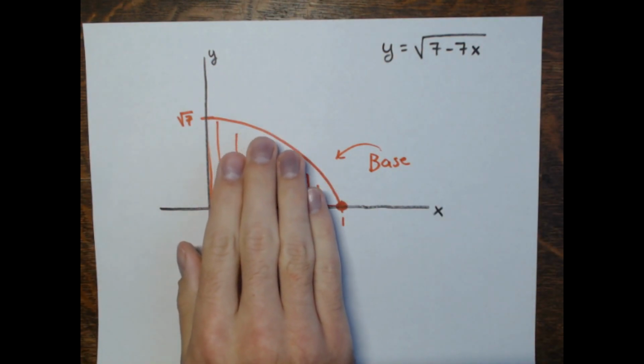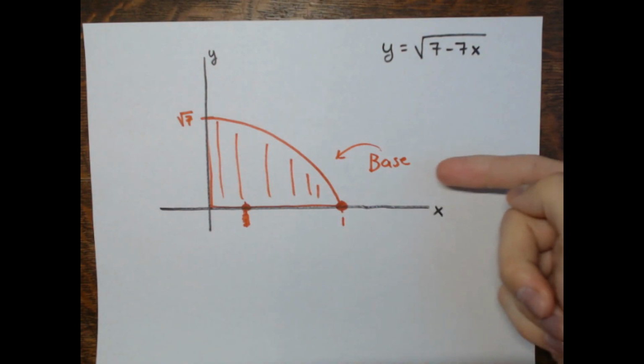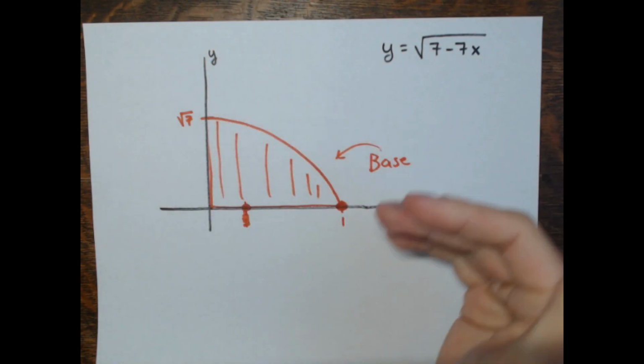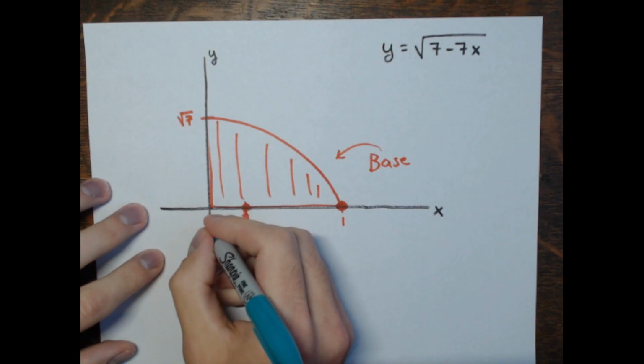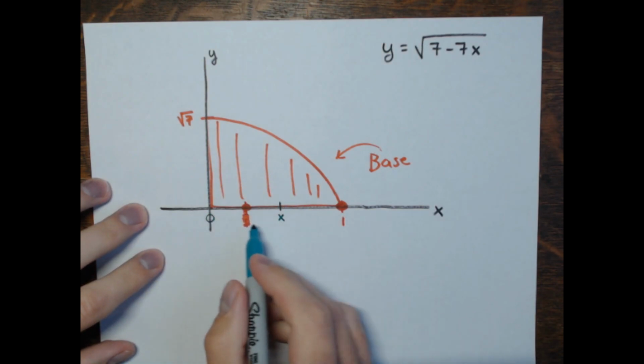And then something's popping out of it, a 3D shape. If I looked at it from the right or from the left side, if I look at a slice perpendicular to the x-axis, we're going to see an equilateral triangle. So I'll do my slices again, from 0 to 1 on the x, perpendicular to the x-axis.